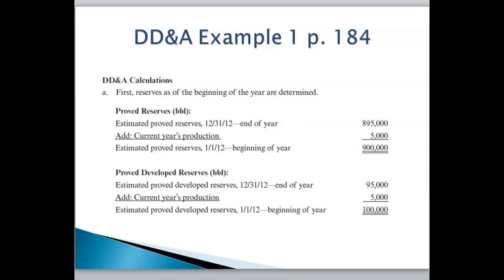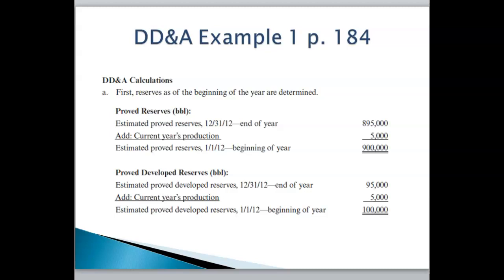So for our calculations, first we're going to calculate the reserves as of the beginning of the year. And as I mentioned, we're going to take the end of the year reserves. We're going to add current year's production to calculate the estimated proved reserves at the beginning of the year. So we're going to take estimated proved reserves of 895,000. We're going to add the 5,000 current year's production.